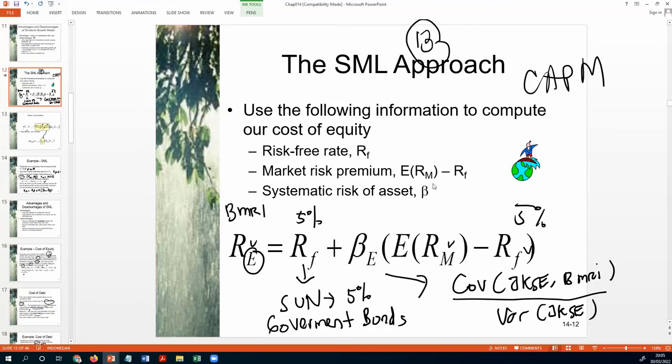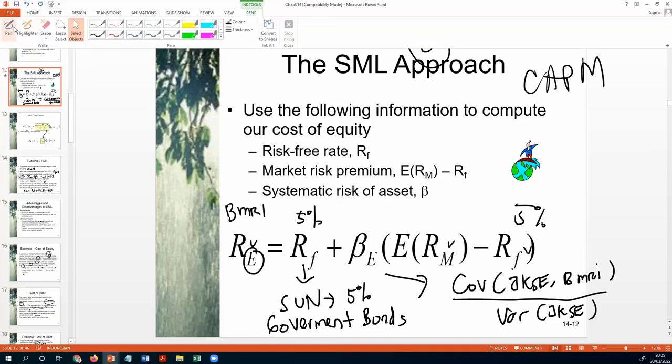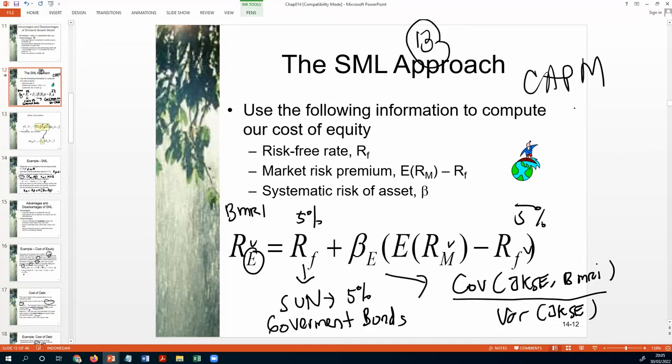Now we would like to calculate. We want to get the data to calculate the capital asset pricing model, or the return on equity, or cost of equity. It's just the same.